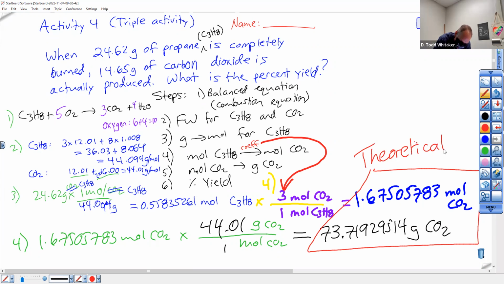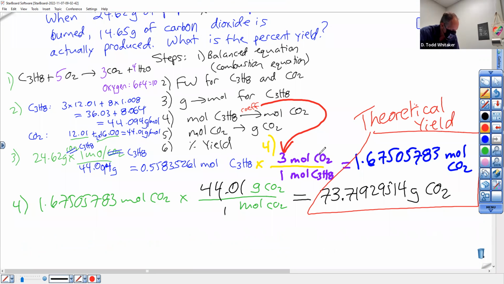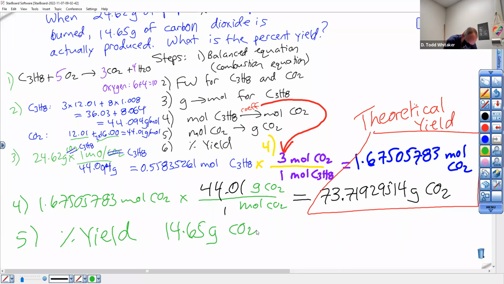Yes, he went to the question and got the actual yield of CO2, which always goes on the top. Percent yield, grams over grams is fine. 14.65 grams CO2 actually produced over, which of those 2 numbers that are in the red box gets used? Don't pick the wrong one.